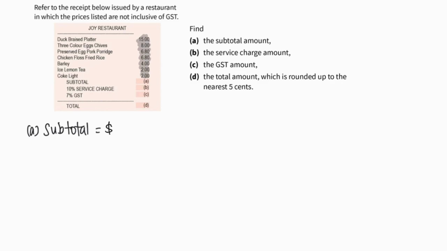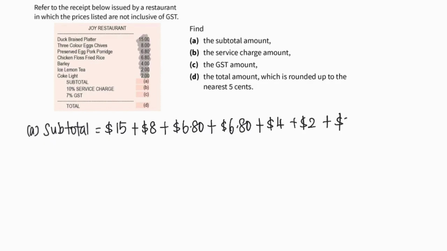So the working, please write it neatly. Plus $8 plus $6.80. This one has 2. Plus $4 plus $2 plus $2. And this will give me a value of $44.60.